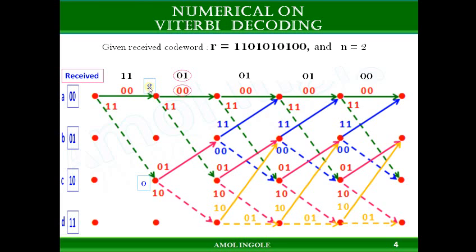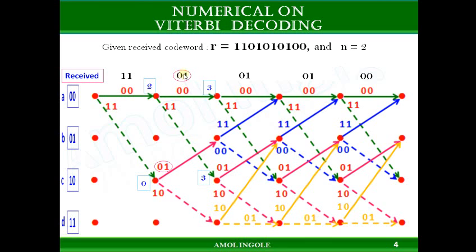So this is 2 plus Hamming distance between these two, that is 1, and will be equal to 3 here. Next is finding Hamming distance between 0 1 and 1 1. Hamming distance is 1 here, and 1 will be added with this 2, and the total path metric will be 3 for this entire path.